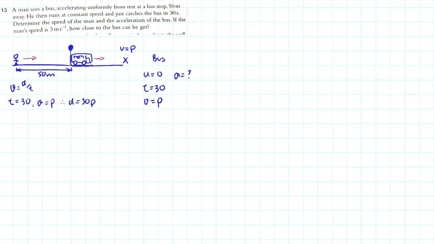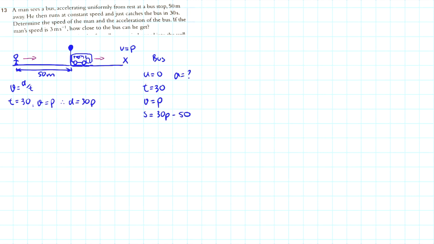So the displacement of the bus is going to be the distance that the man runs, from where he starts to x, minus the 50 meters. So it is 30 times p, and we subtract 50 because the man ran an extra 50 meters, right? So that's extremely helpful for us.